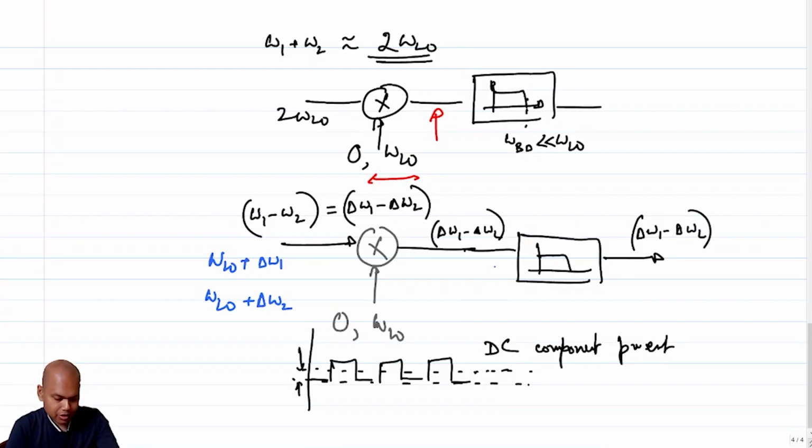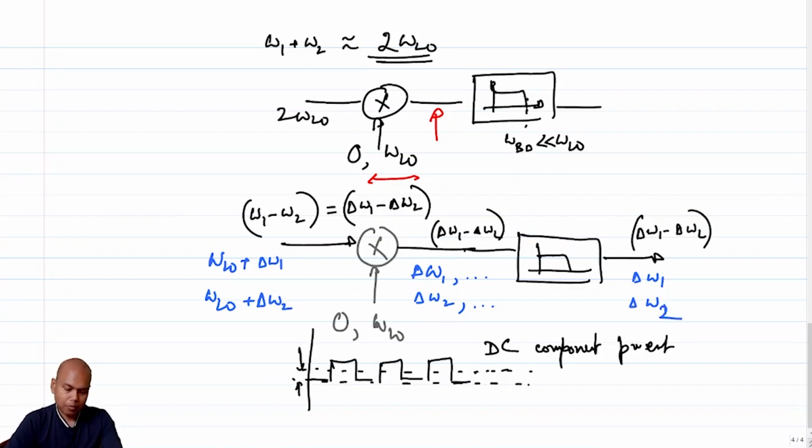So which essentially means that here we were supposed to get delta omega 1 and delta omega 2, right? And other terms. At the output, ideally you would want delta omega 1 and delta omega 2. But instead you are getting the delta omega 1, delta omega 2 terms and the additional term of delta omega 1 minus delta omega 2, right?